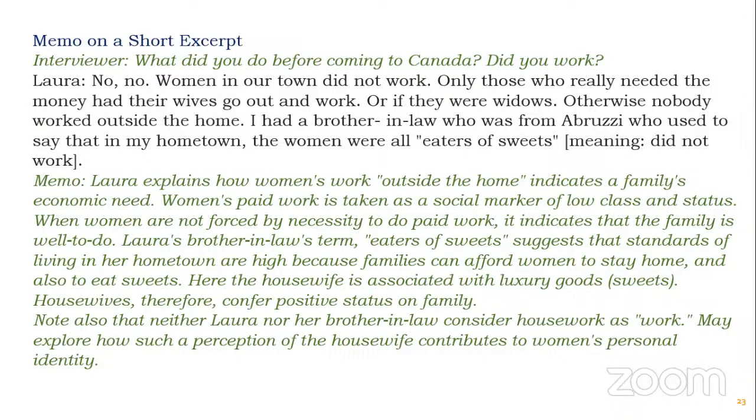No, women in our town did not work. Only those who really needed the money had their wives go out and work, or if they were widows. Otherwise, nobody worked outside the home. I had a brother-in-law from Abruzzi who used to say that in my hometown, the women were all eaters of sweets. Within brackets, meaning did not work.